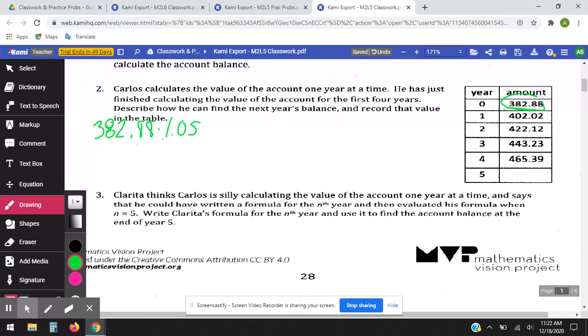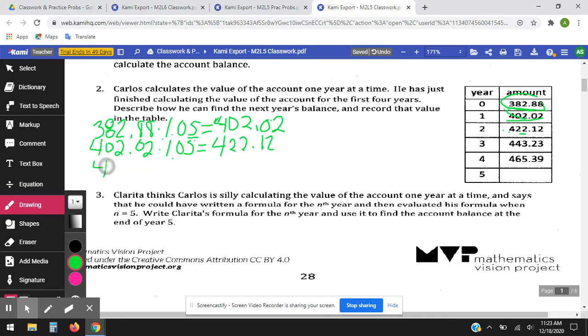and then 5% for the original amount plus the 5% he gets for the year, and that comes up with 402.02. So if you take that 402.02 and times it by your 105%, so the original 402.02 and the 5%, you come up with 422.12.